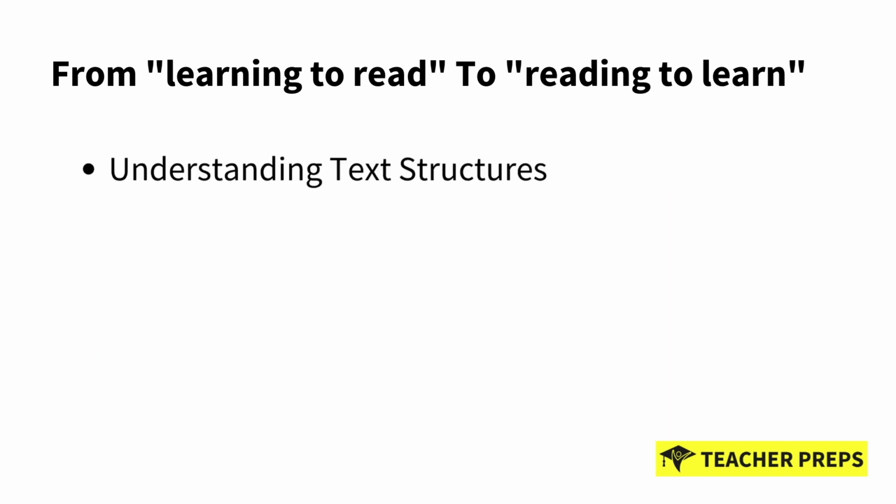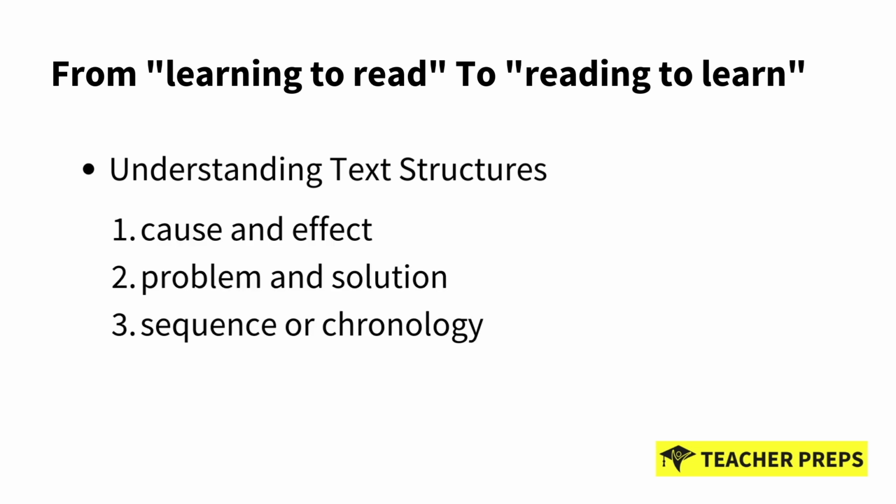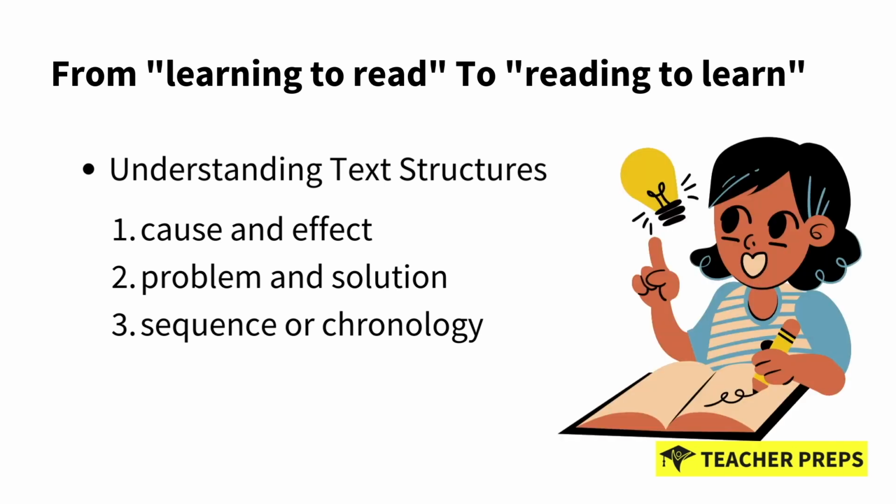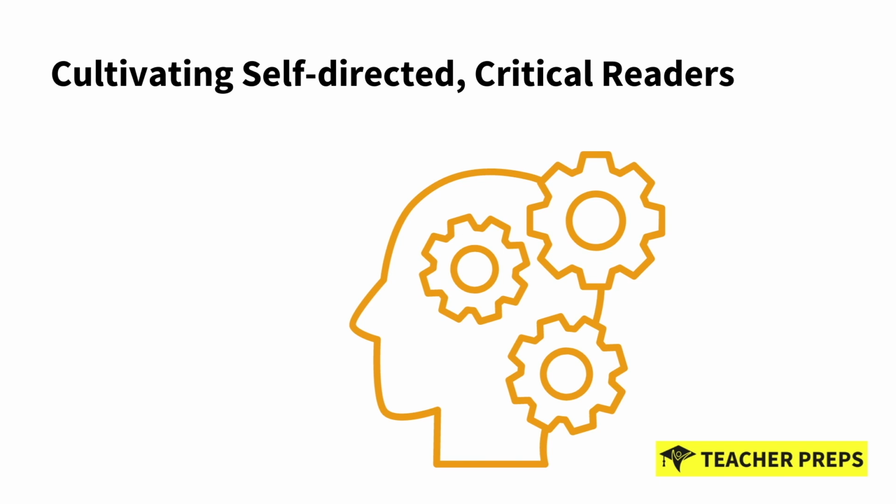Next strategy we have is teaching common text structures, including cause and effect, problem and solution, or sequence or chronology. Understanding these structures can significantly enhance a student's comprehension, especially as they transition to reading to learn.